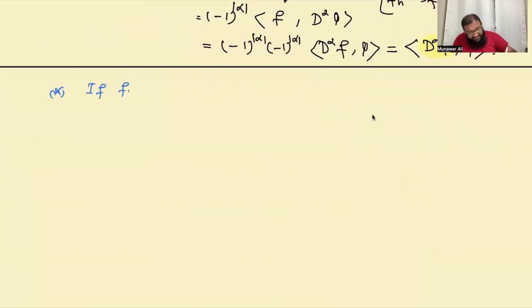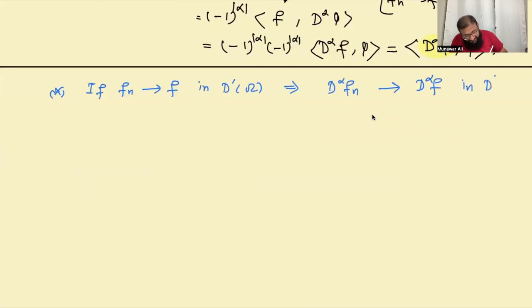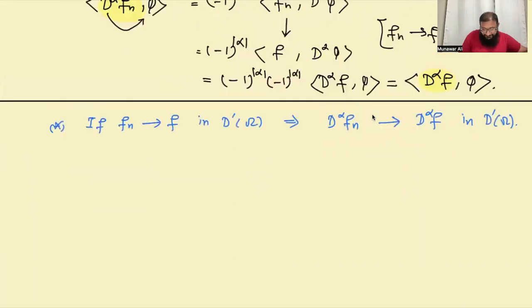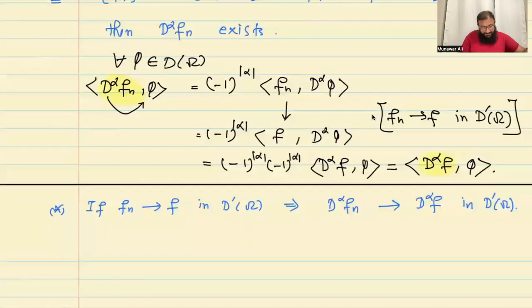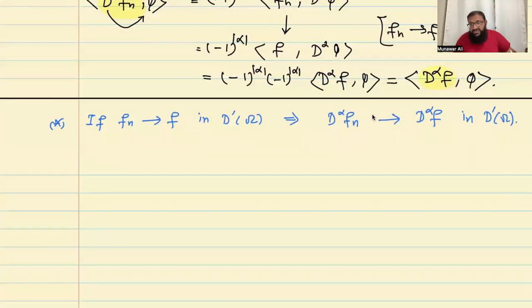If Fn converges to some f in D prime of omega, it implies all the derivatives of Fn converge to all the derivatives of f in D prime of omega. Okay. Oh, I got it back. Sorry. So this is the remark that if Fn converges to f in D prime of omega, then the derivatives of Fn converge to the derivative of f, whatever the order of the derivative is.